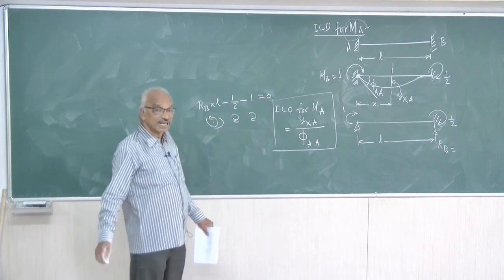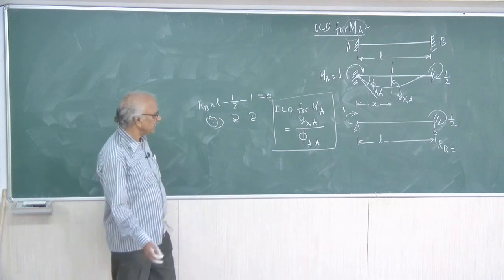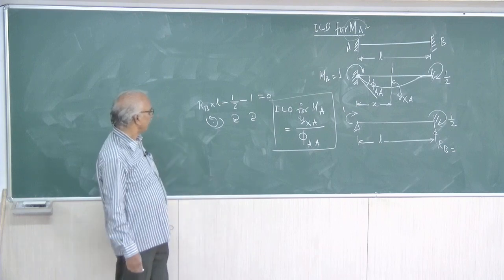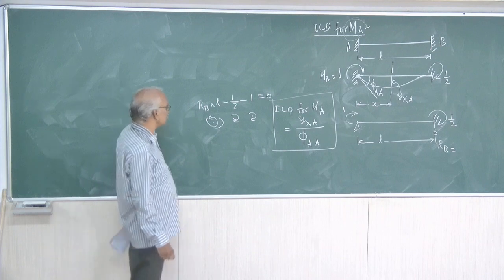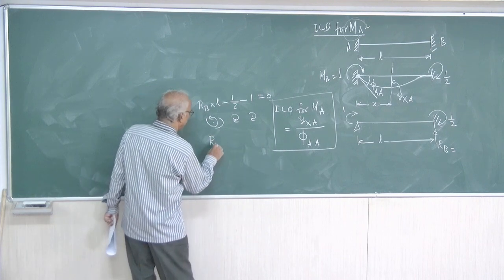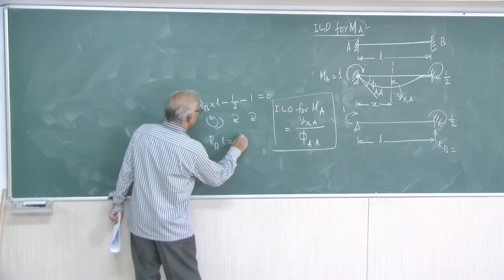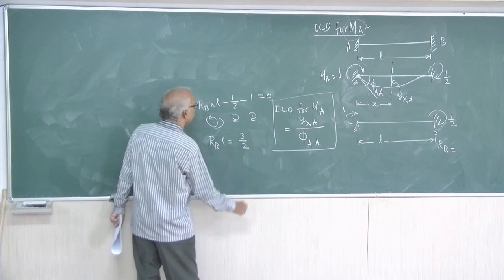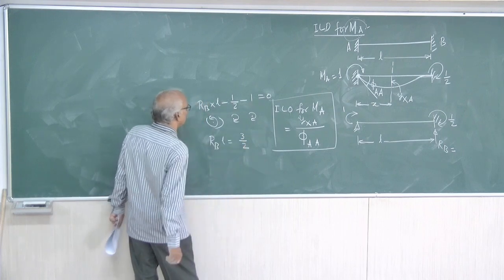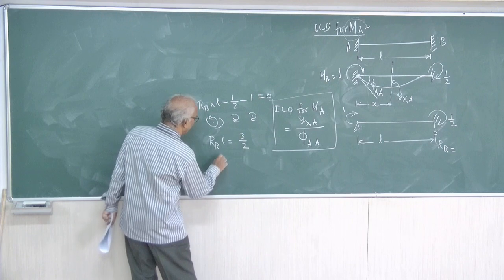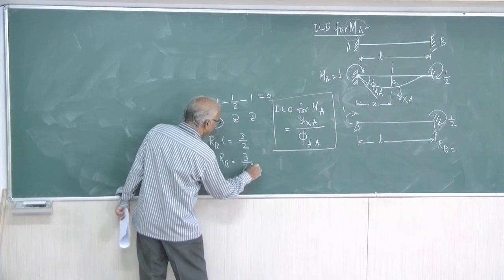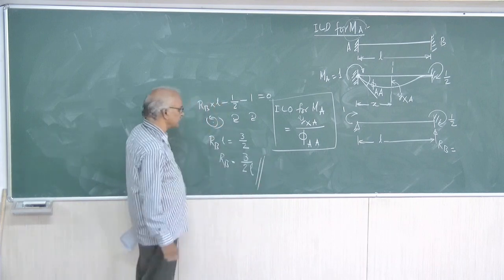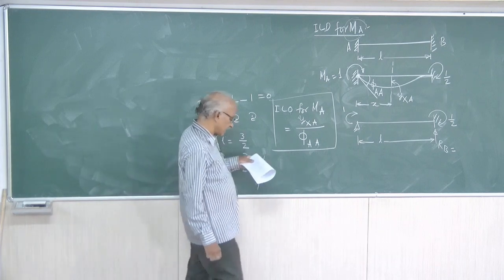To find out the reactions, by taking moment about A, RB into L minus 1 by 2 minus 1 equal to 0, or RB into L equal to 3 by 2, or RB will be equal to 3 by 2L. We are getting it with the plus sign, which means the direction assumed by us is correct.